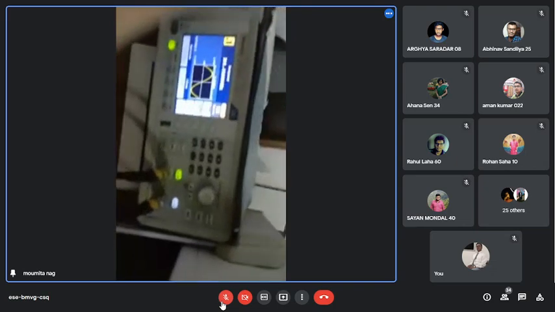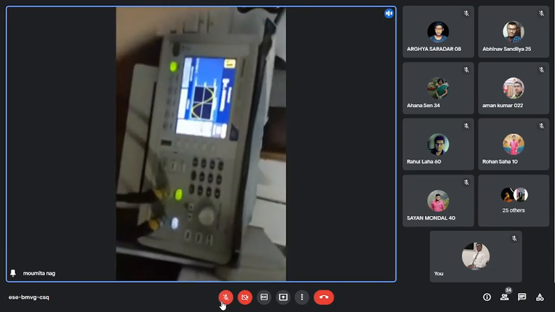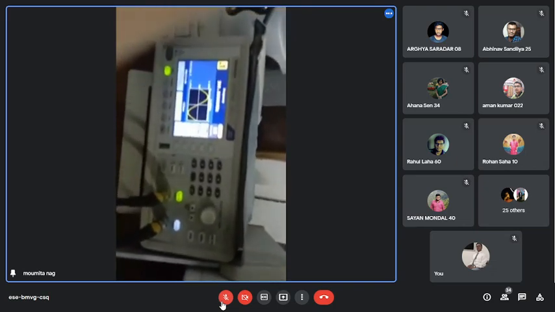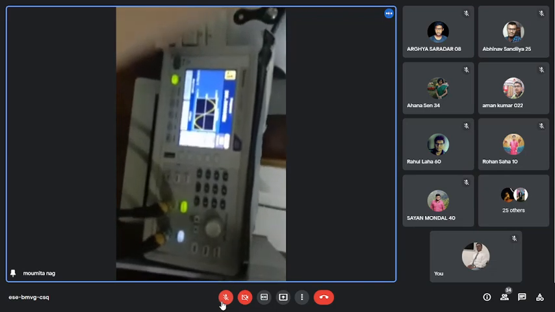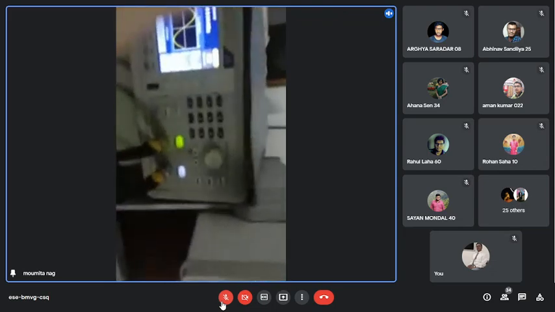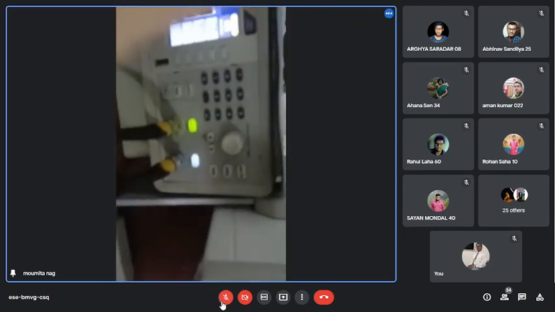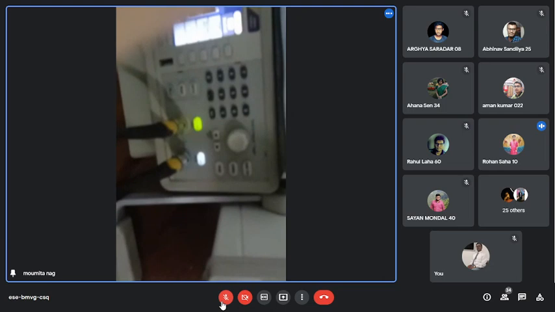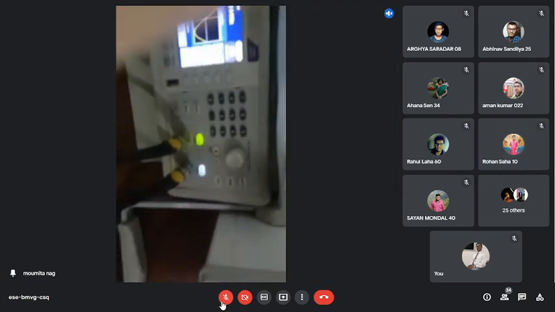Then at pin number 3 of the first timer, what output will you get? PWM output.